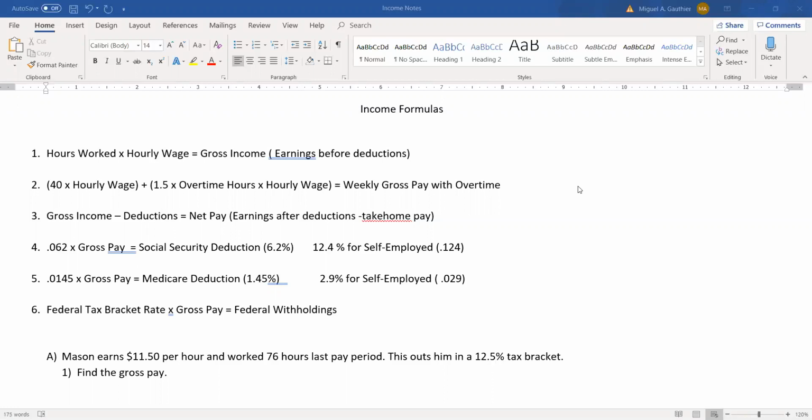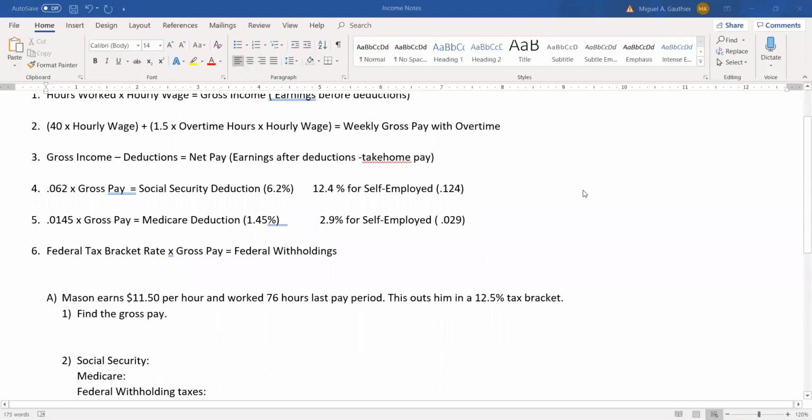And whatever federal tax bracket you are in times your gross pay is your federal withholding. Now, if you add numbers 4, 5, and 6 together, that gives you your deductions for the taxes. And if that's all you have deducted, then that would be your deduction from the taxes.